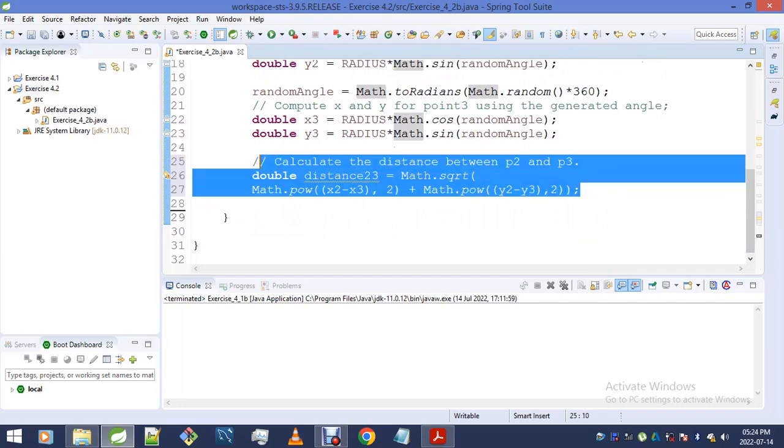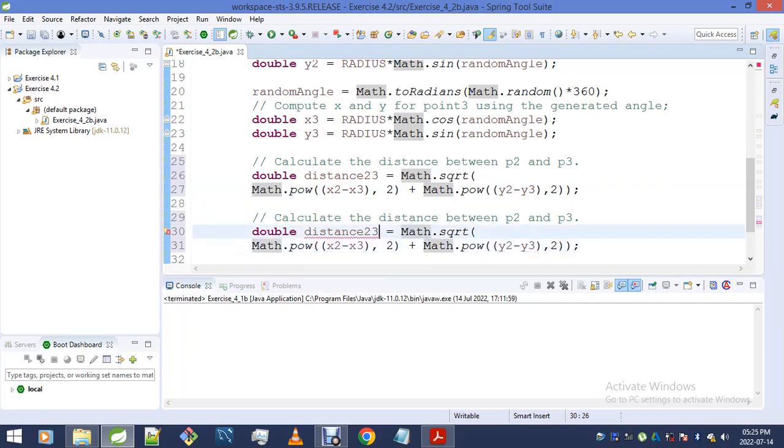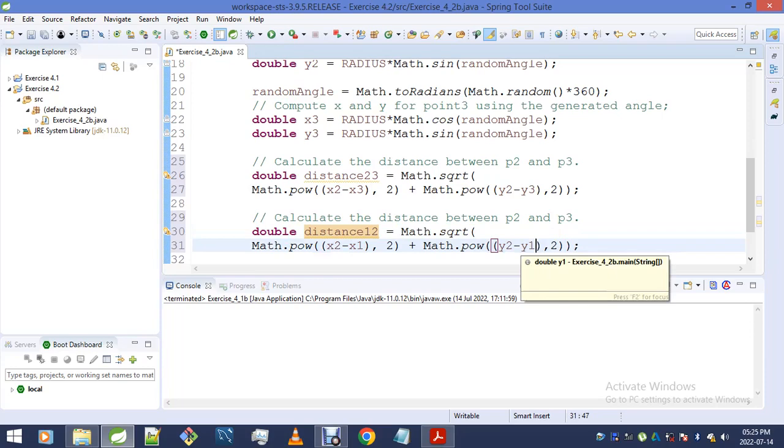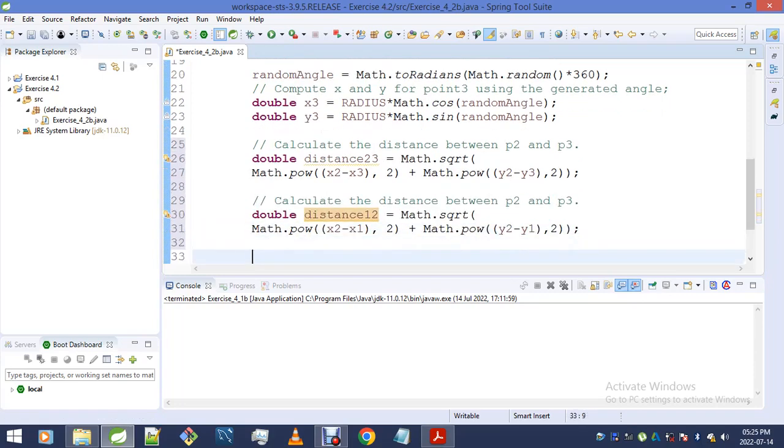Now what else do we want to do? Let's compute now the distance between point 1 and point 2. What I'll simply do is replace the 3 with the point 1 and point 2. So I'll simply replace a 3 with a 1 on that formula there. Okay, and then lastly I need to compute the distance between point 1 and point 3.